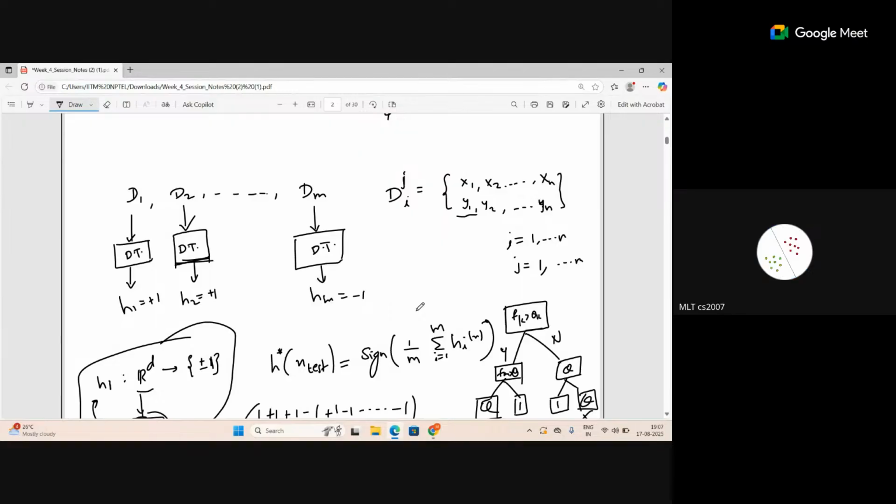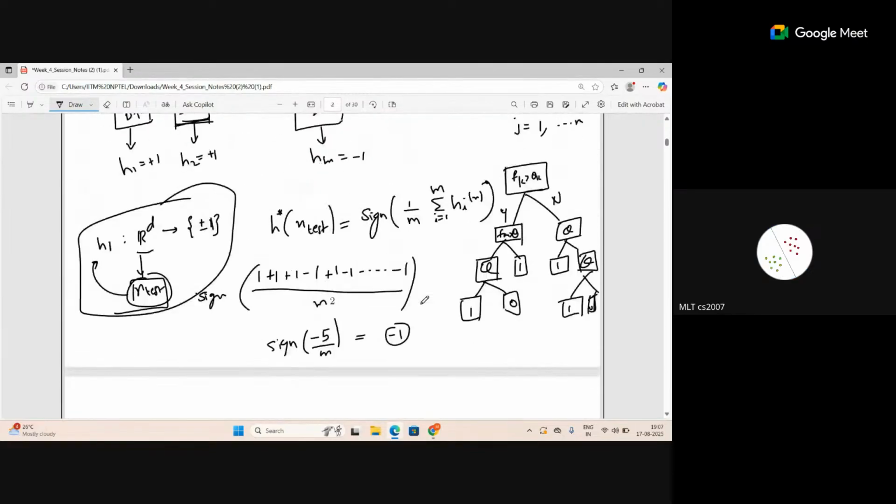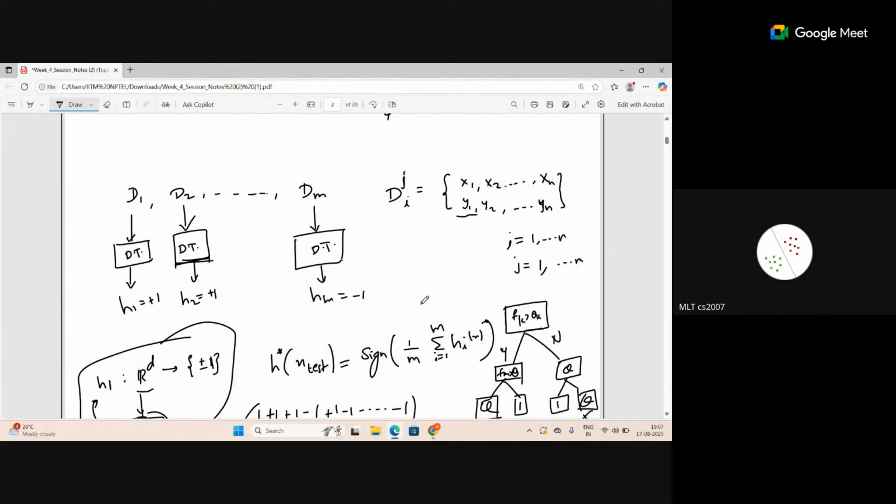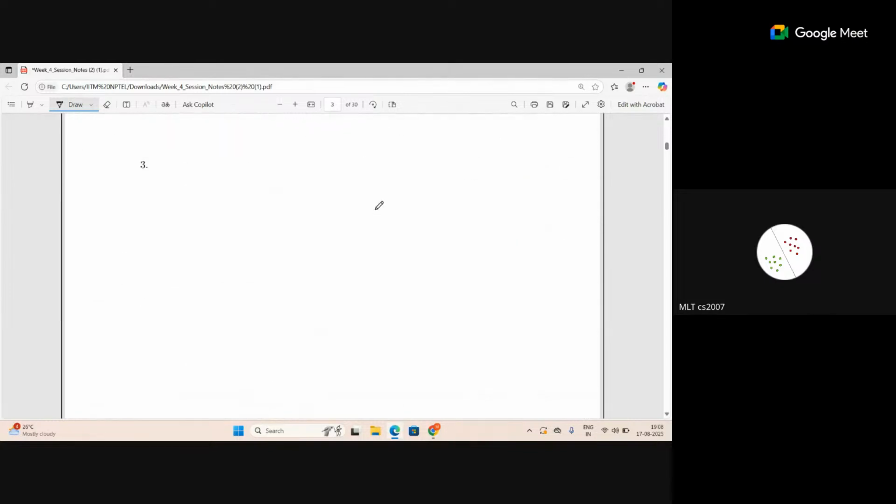But in this case, what is the issue you can think of? Do you have this many data sets from the same distribution? In general, you will not have that many different data sets to train the decision trees on. You will have only a single data set, which we think of as coming from some distribution, right?